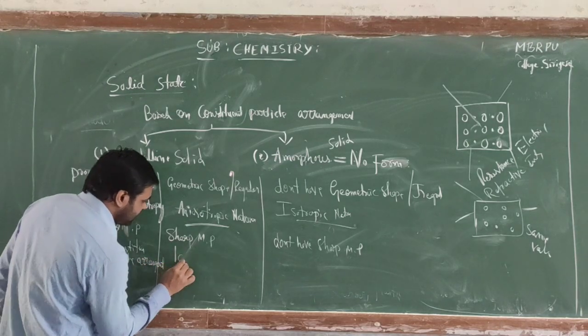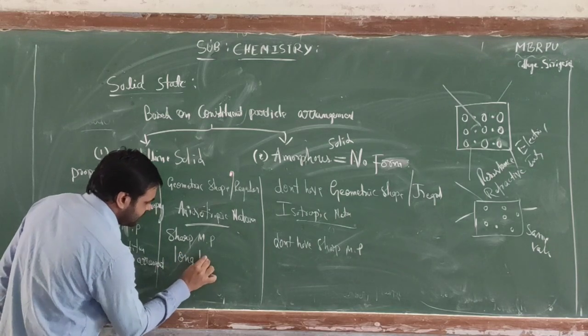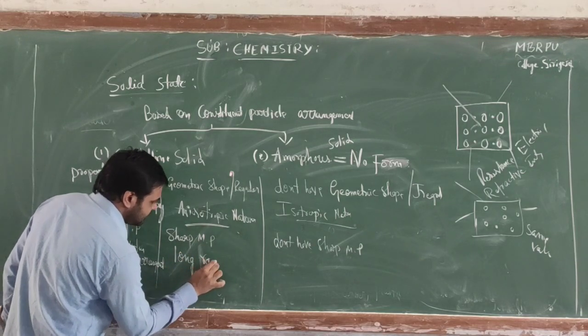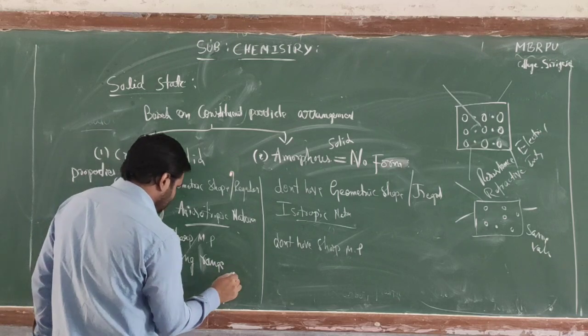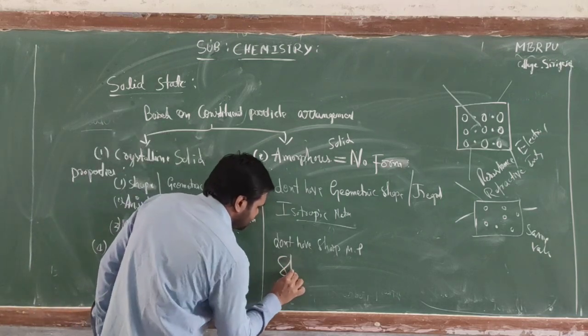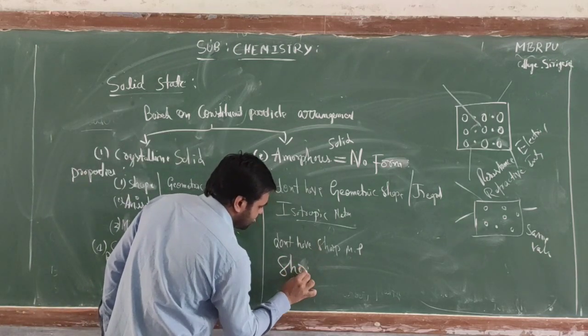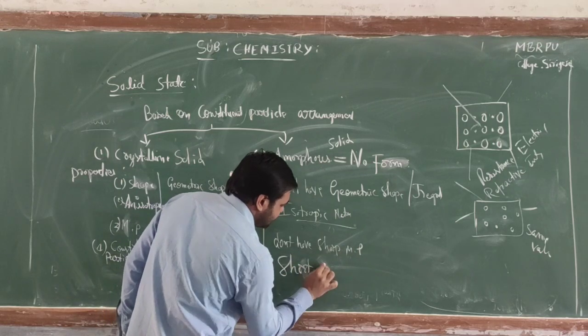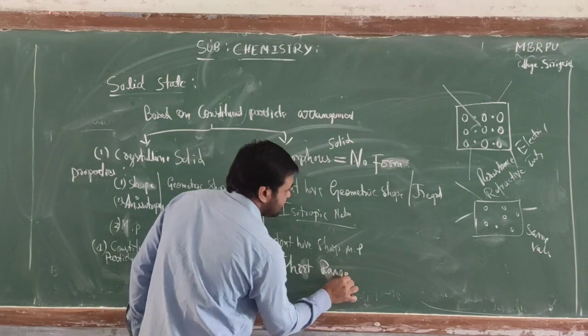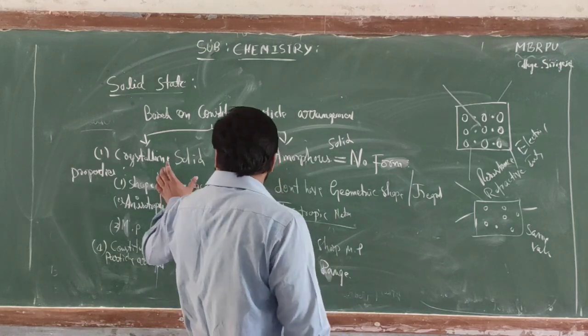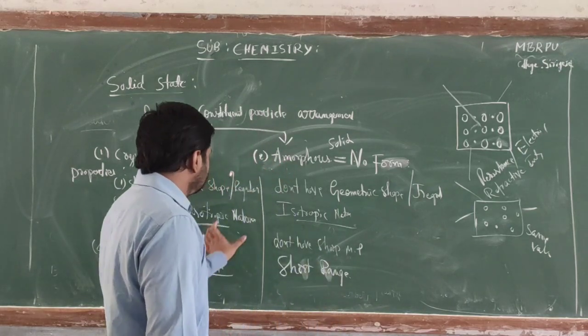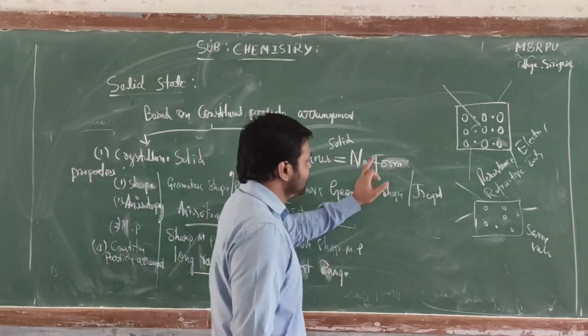This is long range arrangement. This is short range arrangement. See here, crystalline is geometrical long range, amorphous is short range.